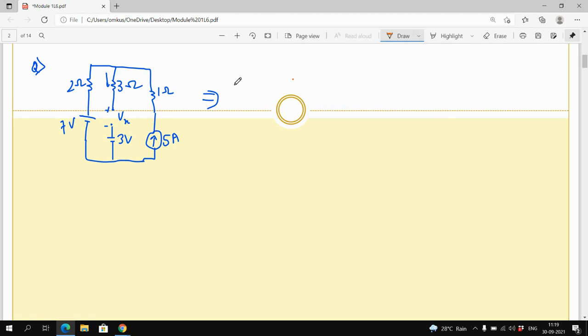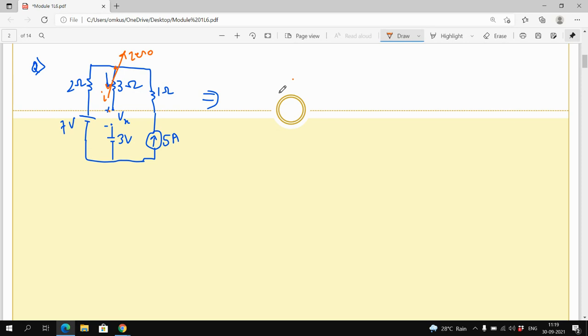Why zero? Because this branch is open circuited, right? I is zero, so this potential appears on that node, so the positive terminal of Vx appears there.